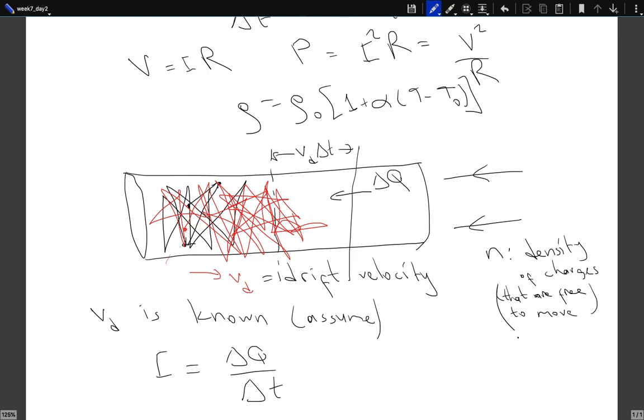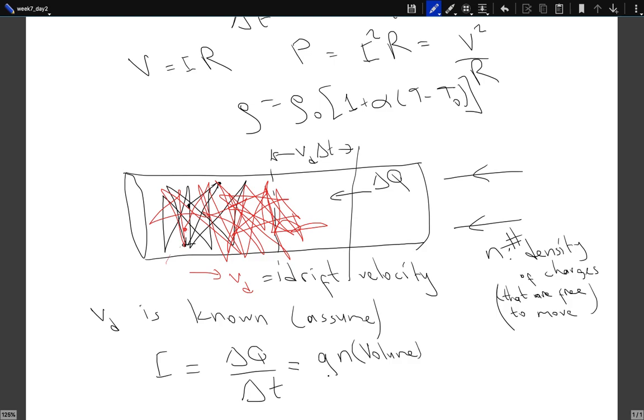So this N is the density of the electrons in that case. So if that is the density, what is the total number of charges here? Let's say this is the number density. In terms of the density, the total number is the density times the volume.